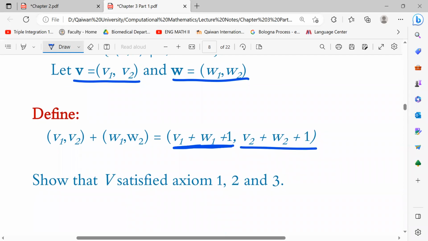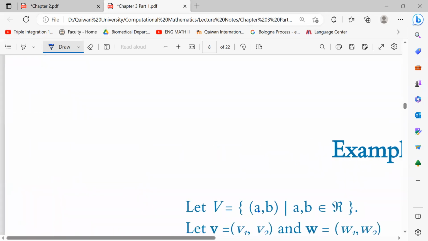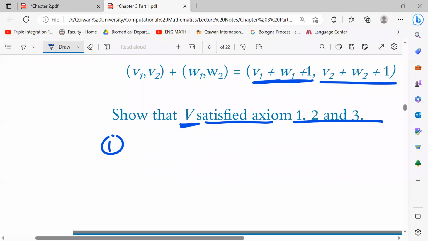It says, show that V satisfies axioms 1, 2, and 3. That means V satisfies axioms 1, 2, and 3. What are those 3 axioms? You should know all the axioms in order. Let me write down the axioms. Axiom 1 says that V plus W must be in V. It must be closed under addition.